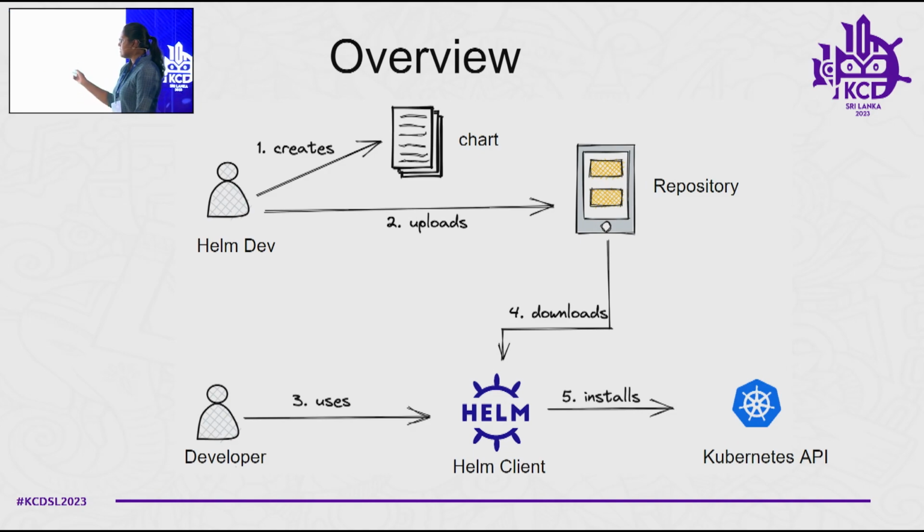Basically, when you are installing Helm on your system, the Helm client gets installed. And then the Helm client is responsible for accessing the repositories, downloading the charts and installing those manifests to the Kubernetes API.